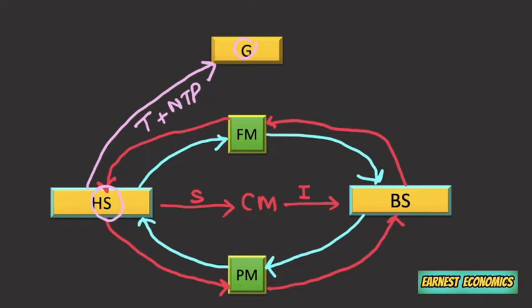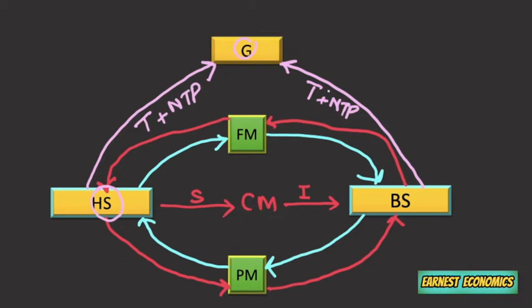Now let's also focus on whether the business sector also makes payment towards the government sector. Yes, the business sector does make payment towards the government sector. That is, money flows from the business sector to the government sector. Again, they pay taxes, mostly indirect taxes, and non-tax payments are also made by the business sector towards the government sector, for example, in case of registration of things, or while paying fines to the government, and so on and so forth.